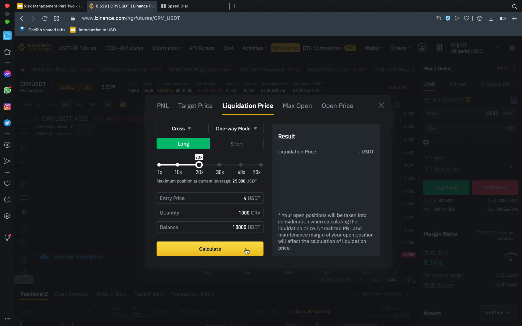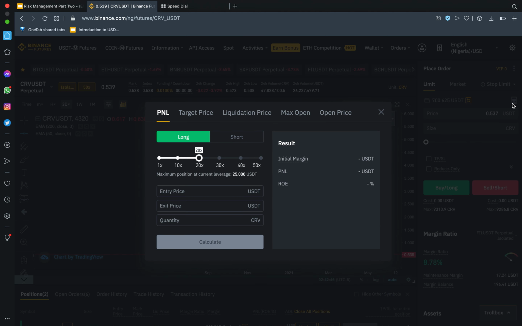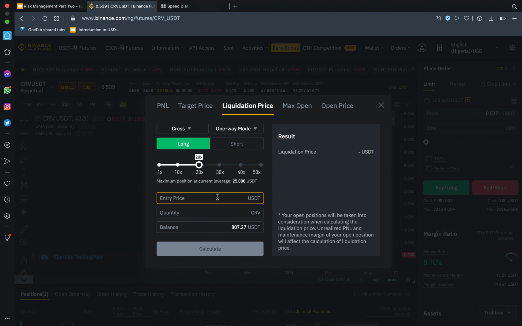Okay, let's use $800. So your liquidation price is 3.2. By the time the trade got here, you would have been liquidated. In the example that I used, it was actually $800. I couldn't use up to $10,000.